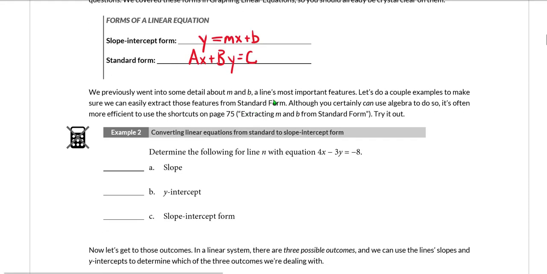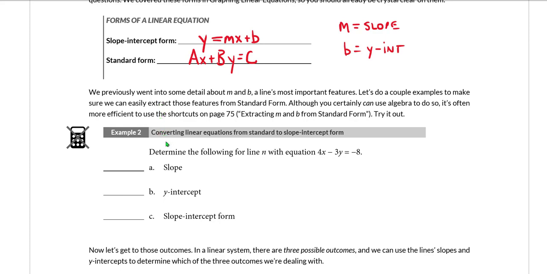In terms of m and b, you should already know that m is the slope and b is the y-intercept. And indeed, when it comes to determining the outcome of a linear system, the slope and the y-intercept will play a huge role in determining the outcomes.